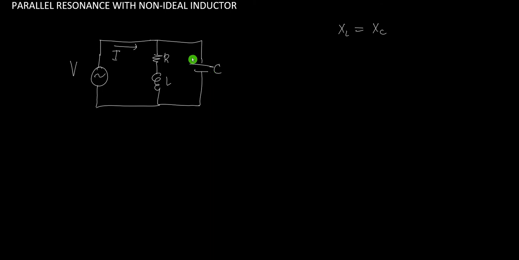Then the circuit is a pure resistive circuit. And that is also the case for the previous discussions for the series and the ideal parallel resonance. When X_L is equal to X_C, the circuit becomes pure resistive. And that is the time when the current becomes maximum or the voltage becomes maximum. And that is the resonance phenomenon.